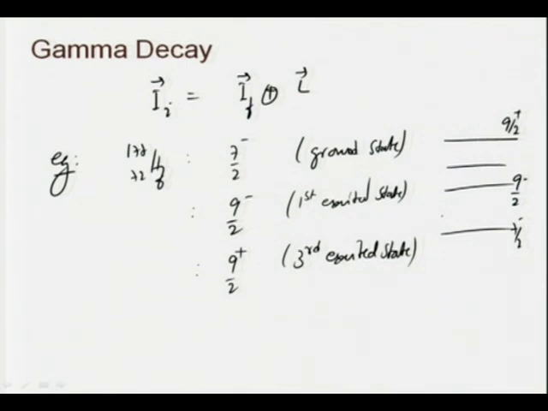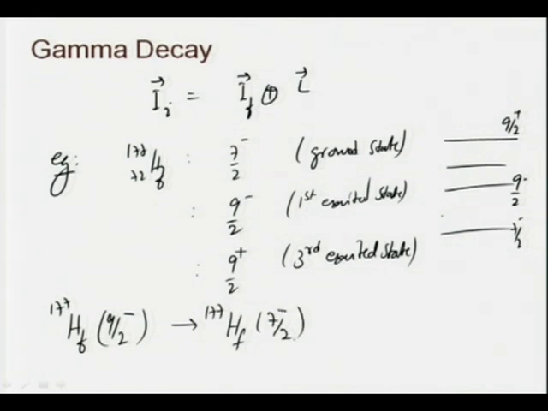So, now let us look at the transition from the 9/2 minus first excited state of hafnium 177 to the ground state of hafnium 177, which has a spin of 7/2 and parity minus.